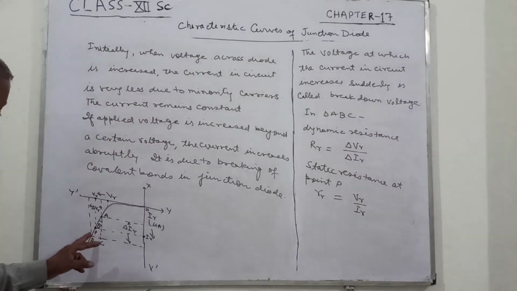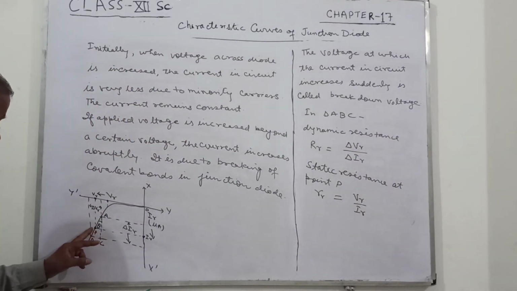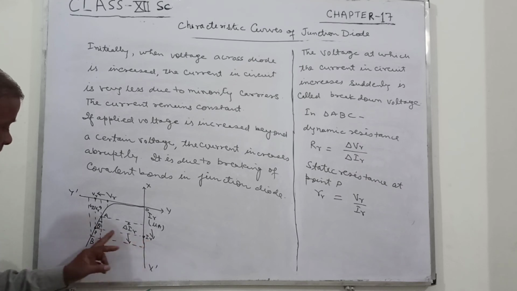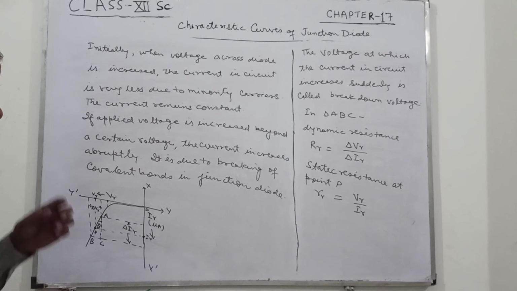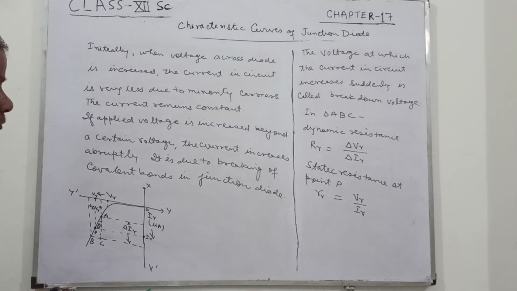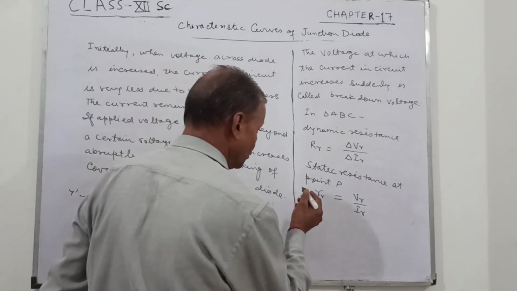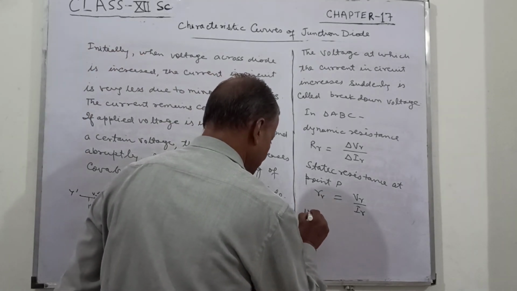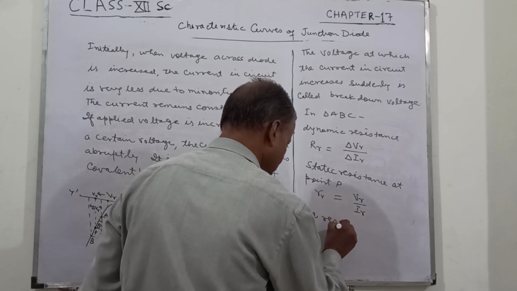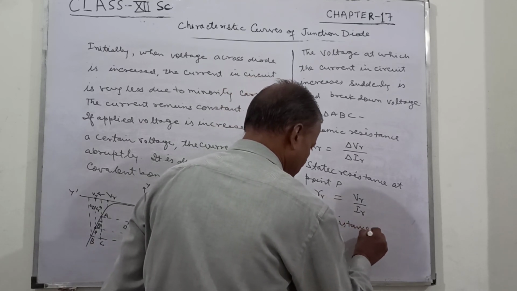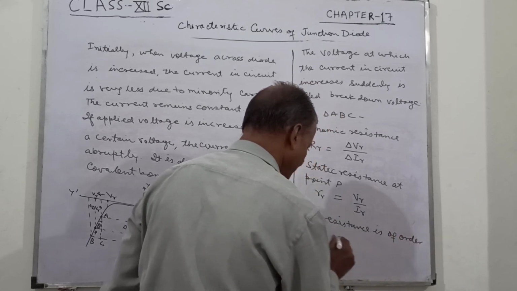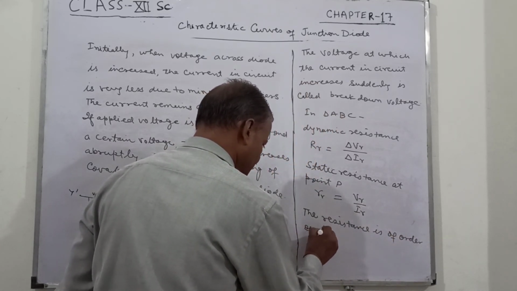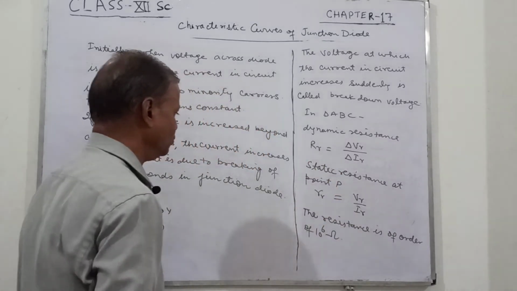So that is the static resistance at the point P. Now you can see that both the resistances are of order of 10 raised to the power 6 ohm.